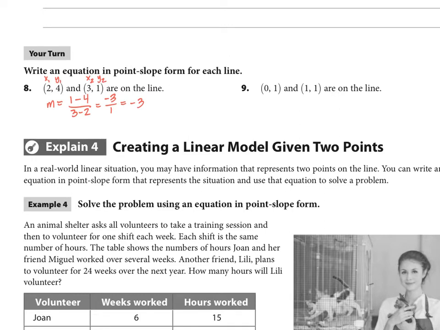So I'm going to use this slope, and I'm going to use this point. Since I've already labeled it x1 and y1, that makes it pretty easy in that I just put y minus 4 equals negative 3, remember that's my slope, times (x minus 2). Okay, go try number 9.